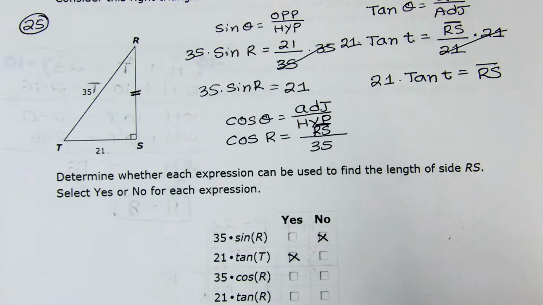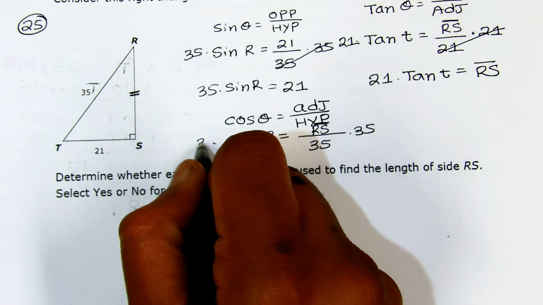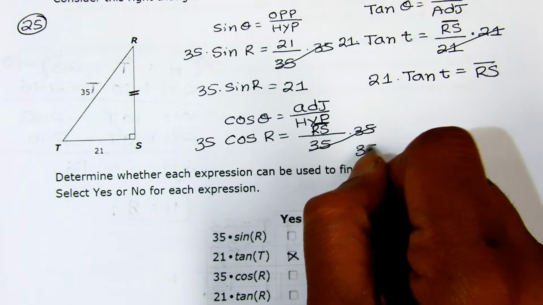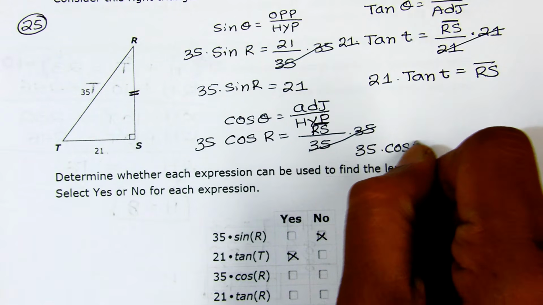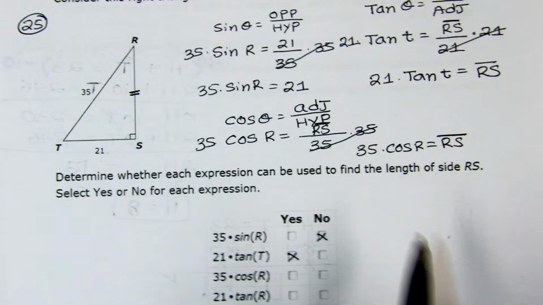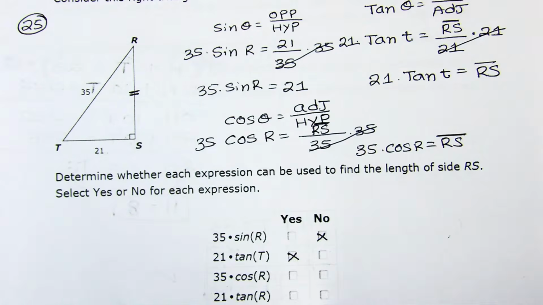If I multiply both sides by 35, you do get a true statement: 35 times cosine R equals the length of RS. So it does give you a way of finding the length of RS. So yes for this one.